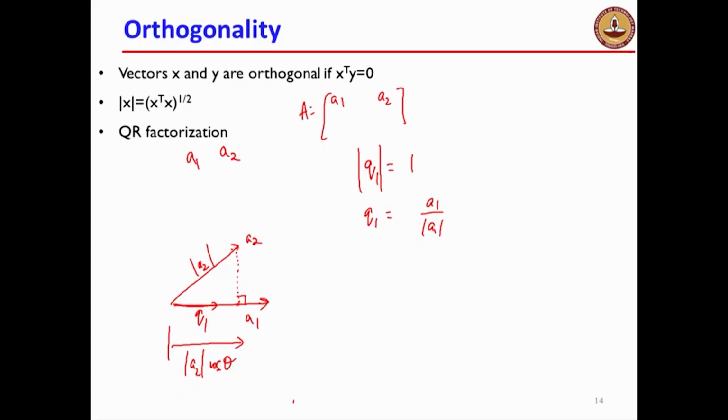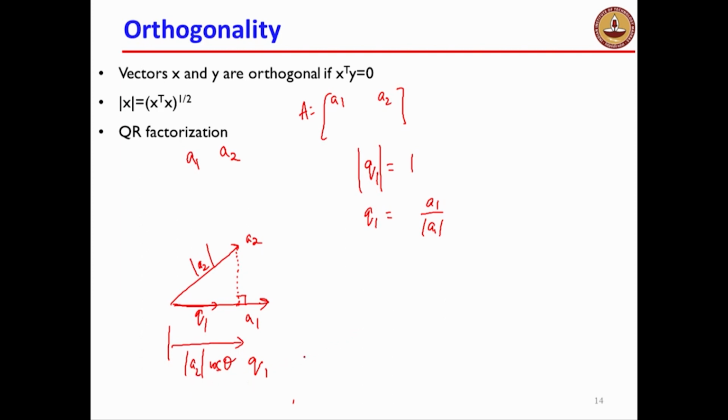The component of A2 along A1 is A2 cos theta times Q1, because Q1 is a unit vector. So what is cos theta?